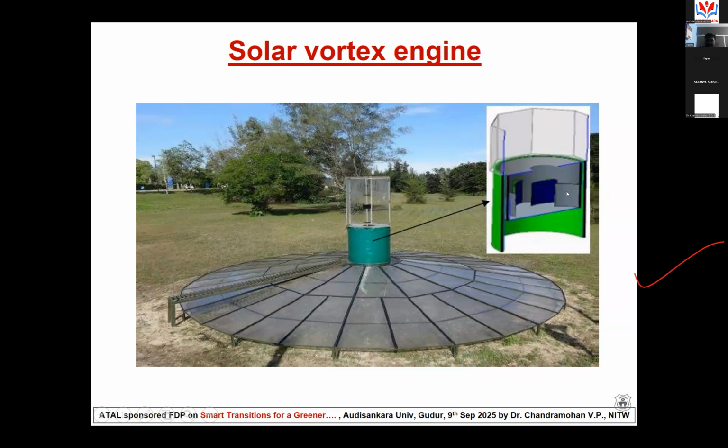The air will be moving through the blades, some fixed blades, and there is always turbulence created inside, and the air will flow through a top hole. There is a top hole here in this picture. Then if you provide a boundary panel, and inside the boundary panel we keep the turbine, the turbine can be rotated. So in the solar vortex engine, there is no need to make a tall chimney.